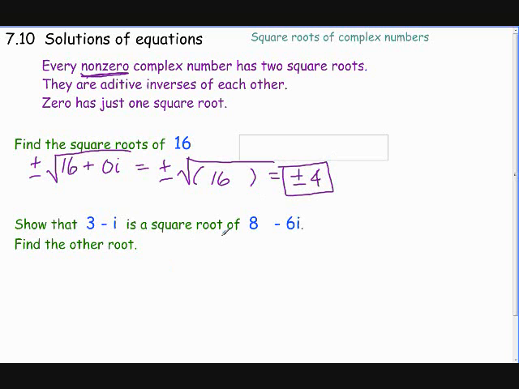Show that 3i is a square root of this. Wow, looks funny. All right, show that it's the square root of that. Find the other root. All right, so how could we do that? Well, we could divide. Let's go back up here and think about this one.